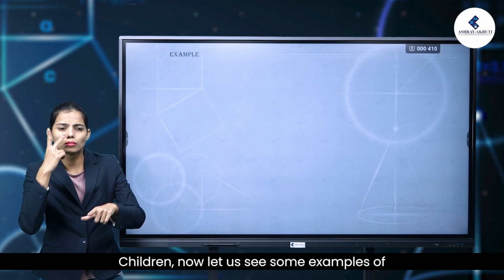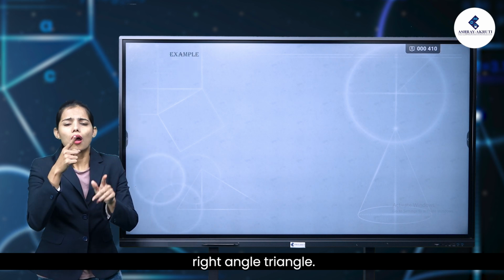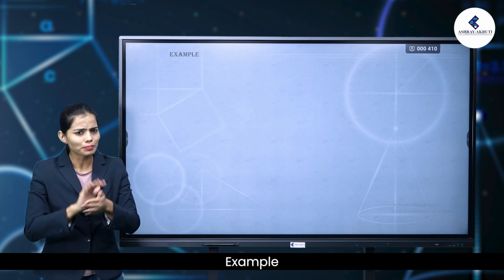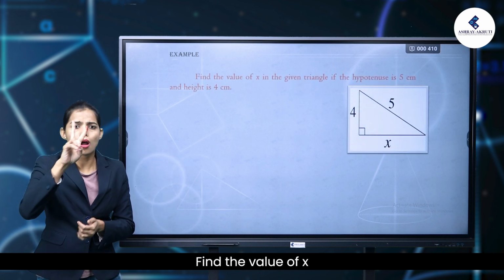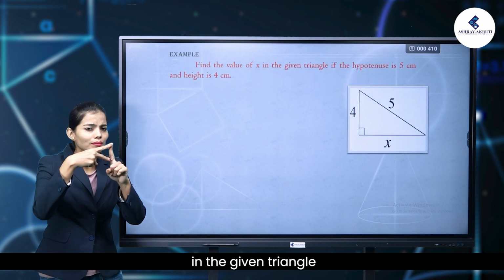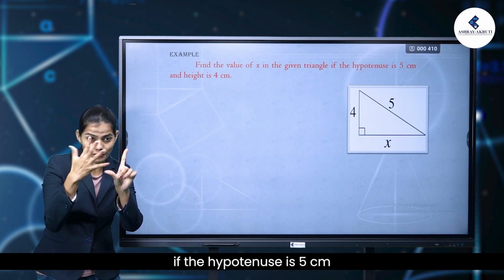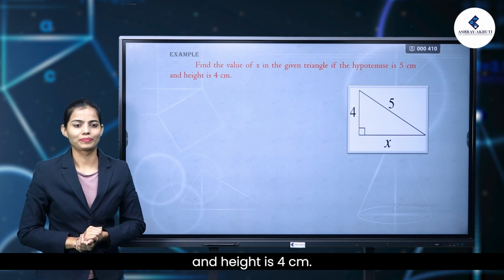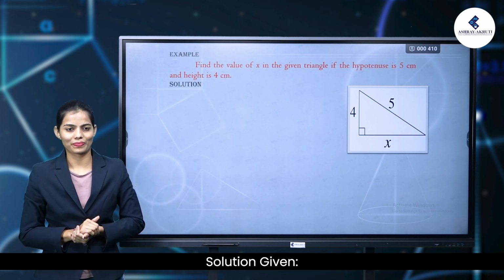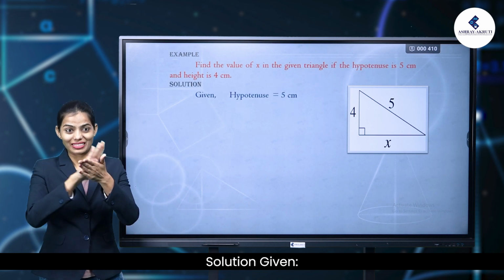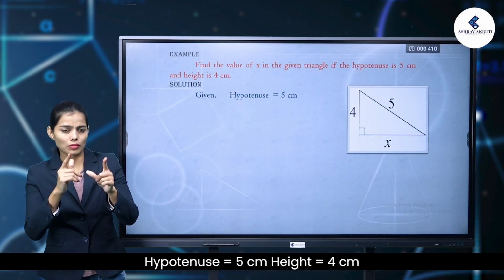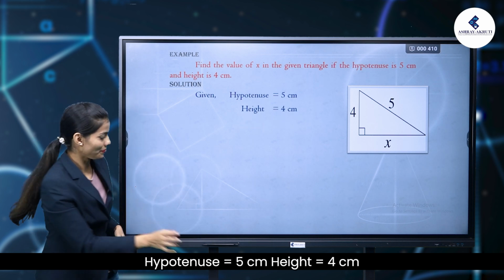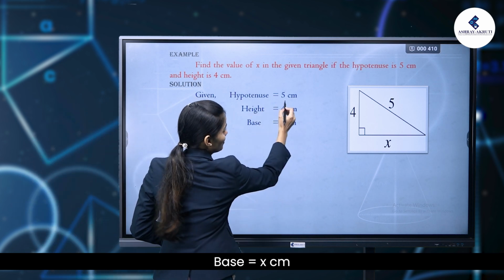Children, now let us see some examples of right angle triangle. Example. Find the value of x in the given triangle if the hypotenuse is 5 cm and height is 4 cm. Solution. Given hypotenuse is equal to 5 cm, height is equal to 4 cm, base is equal to x centimeter.